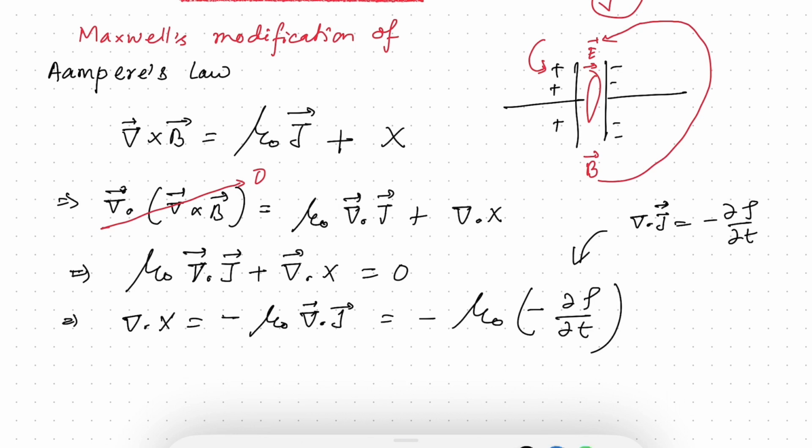That is what we have used here. So this is equal to mu naught del rho by del t.